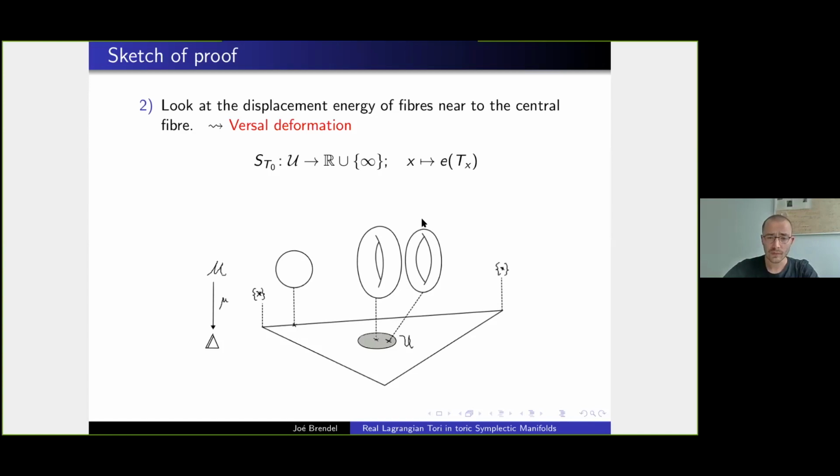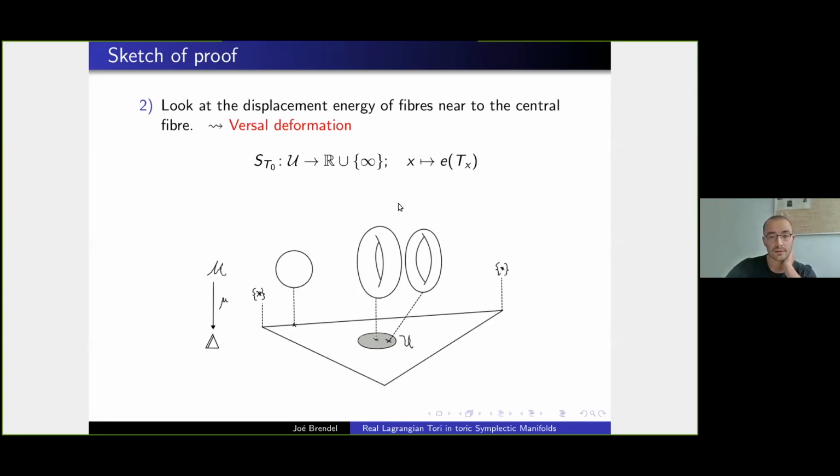The idea is not only to look at the displacement energy of the fiber that you're interested in, in this case the central fiber, but also to extend this to some neighborhood U. This will give you a function from this neighborhood U to R union infinity, just measuring: if I shift the base point around a little, how will my displacement energy vary?